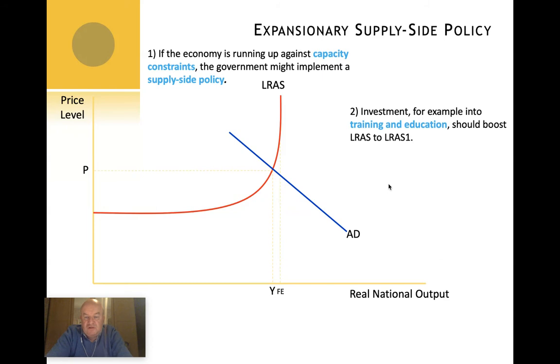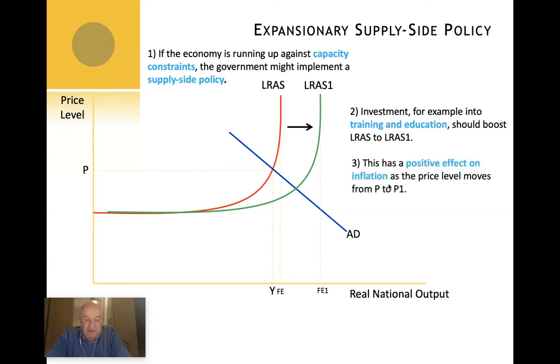Okay, so the government might choose to invest, for example, into training and education, and that should boost LRAS as it stands to LRAS1. So again, we've got this increase in our productive capacity, and you can see in that scenario it has a positive effect on inflation, because we've increased our overall productive capacity, and although aggregate demand has increased, because we can produce at a higher level and in a more efficient way, the price has fallen.